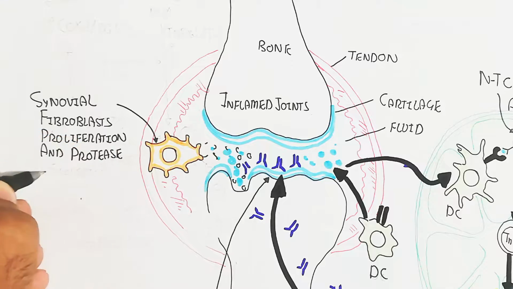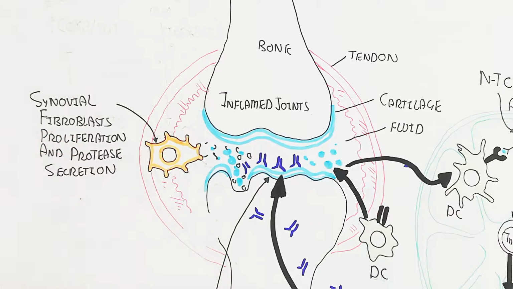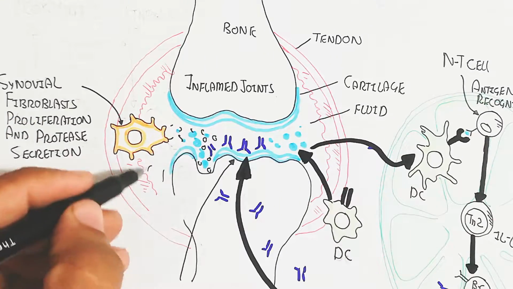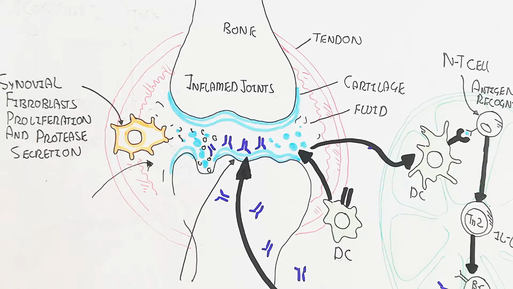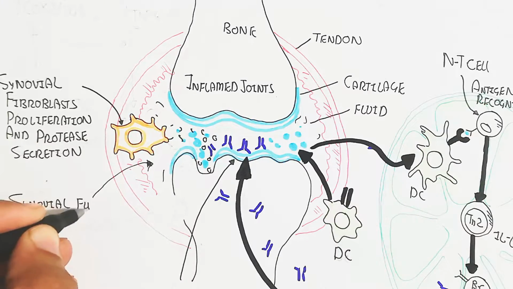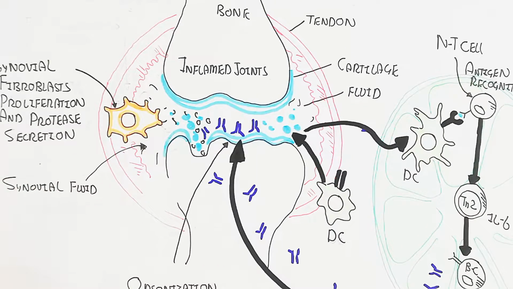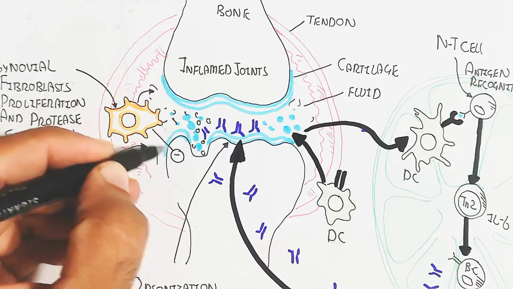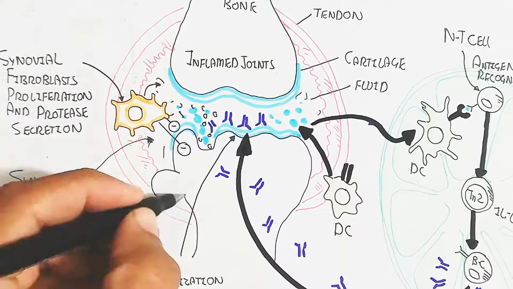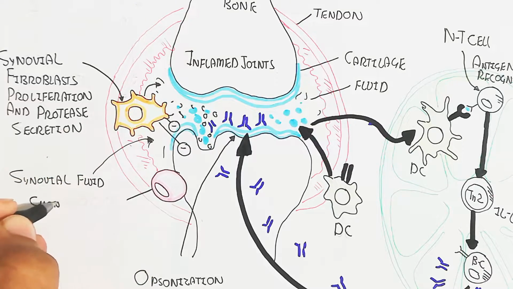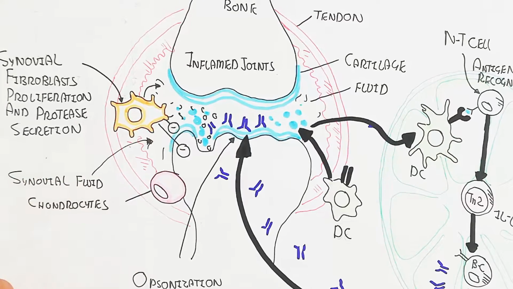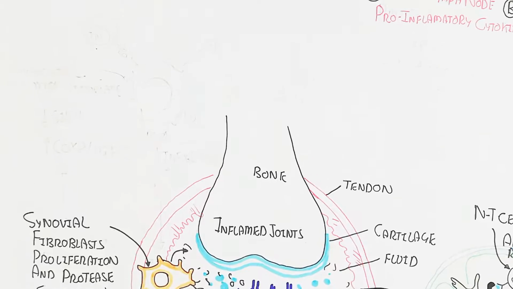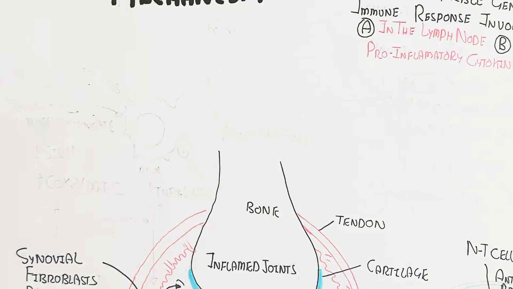This proliferation and protease secretion will damage the cartilage further, and when the cartilage is damaged further, it will create a cavity. This is known as bone cavitation. The synovial fibroblast is important, but it will be autoreactive to the joint and the cartilage.